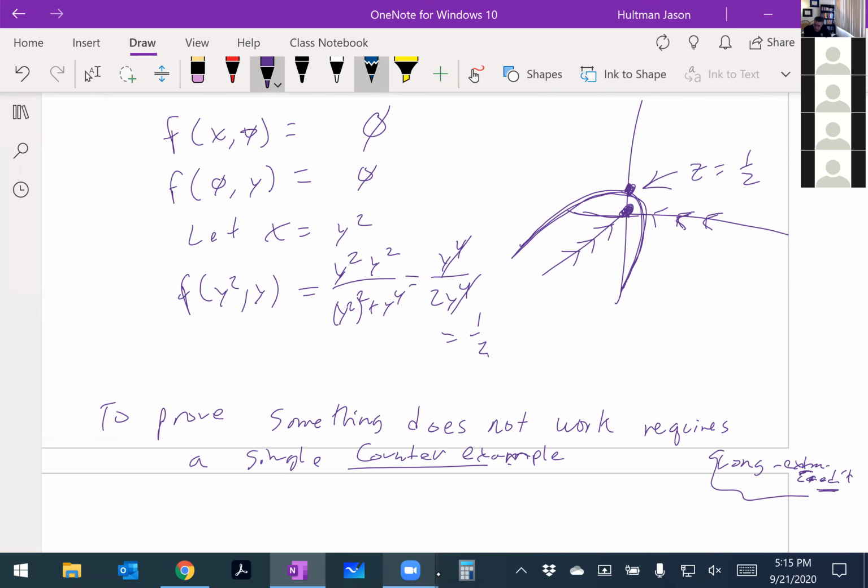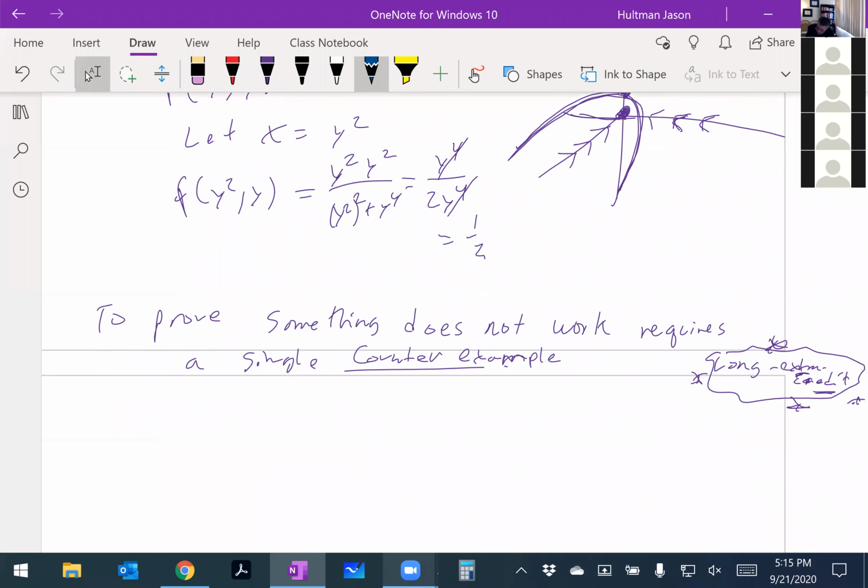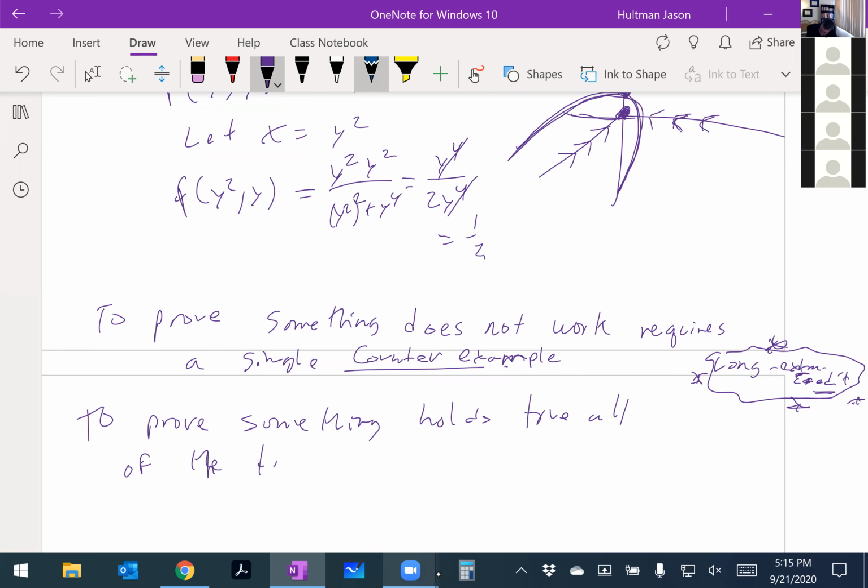Okay, let's write that as a note for myself. Yes, it's a counter example. It requires only one counter example. To prove something does not work requires a single counter example. To prove something holds true all of the time requires a mathematical blank.